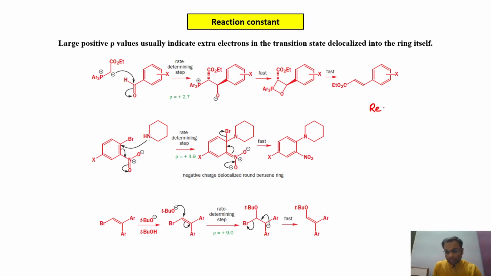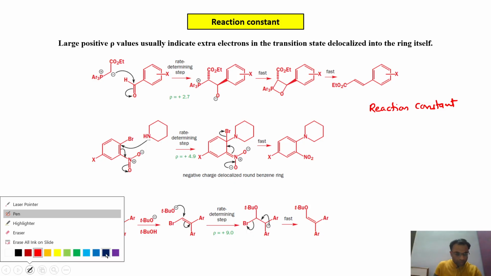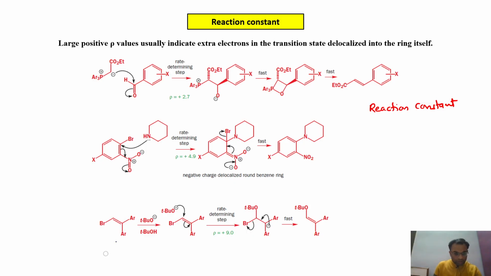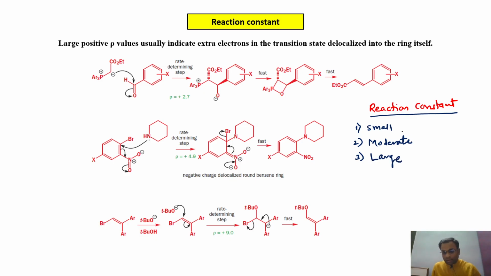Now, the value of the reaction constant may be small, moderate, or large.